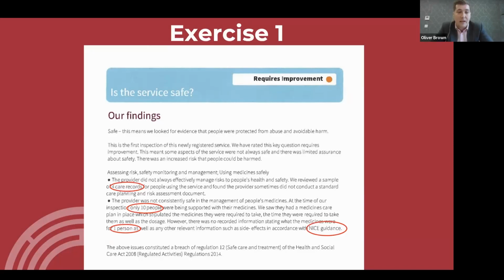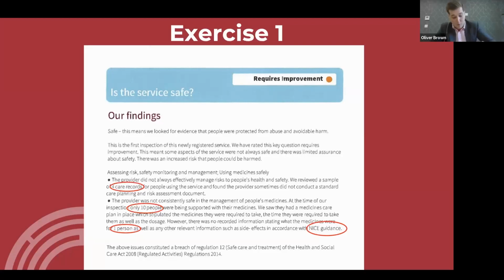Typically we've seen here at Ridouts, the CQC will sort of treat the NICE guidance as if it's law. Sometimes the CQC just need to be pushed back on and reminded of its status, that it's guidance, it's best practice. So obviously try and follow it, but not following that is not a breach of a law or regulation. So that's what would typically jump out to us at Ridouts.